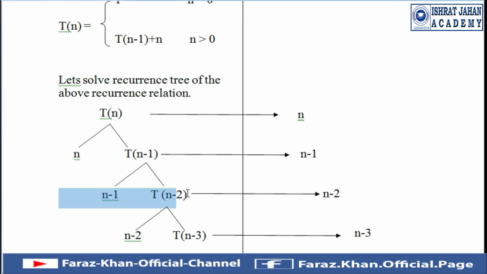Again it will call itself, so it will become n minus 1 and n minus 2. When again it will call itself, it will become n minus 2 and n minus 3.